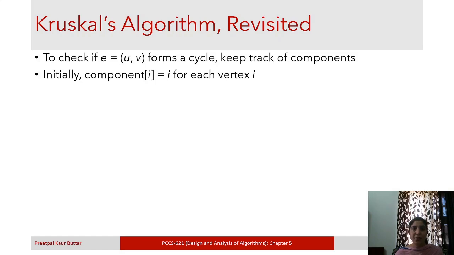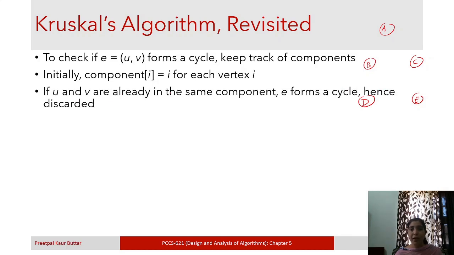So initially we will mark the component of each vertex I equal to I. It means A, B, C, D, E, these are the nodes which we have in our graph. So initially each node will belong to a component that is itself. Okay, so A belongs to component A, B belongs to component B, D belongs to component D, and so on, right?